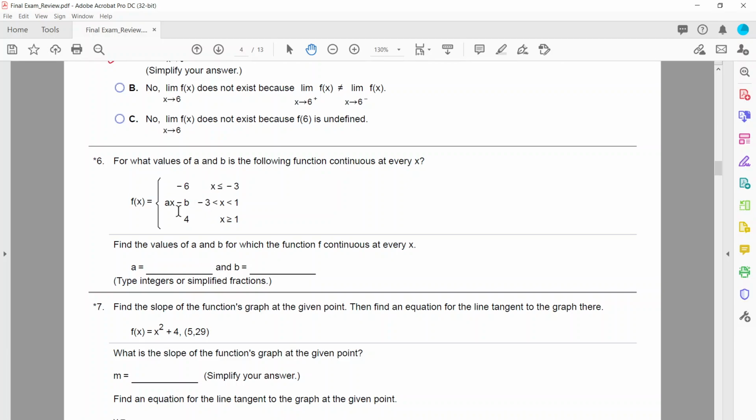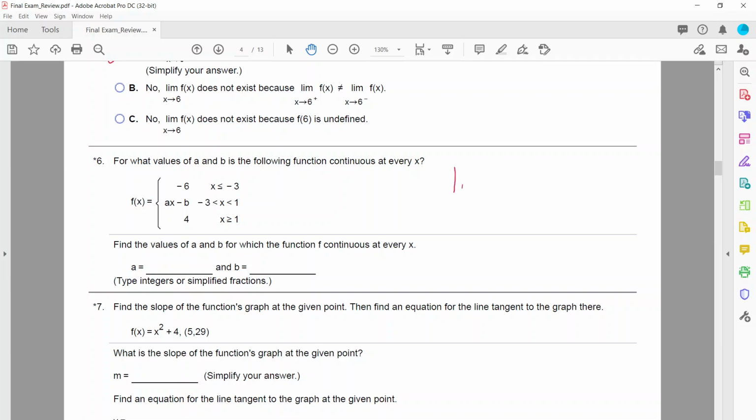So what we can do, the value of the function at -3 is -6, should be equal to the value of the function when we go to the right side of -3, because the function is continuous if the limit of the function on this boundary point.